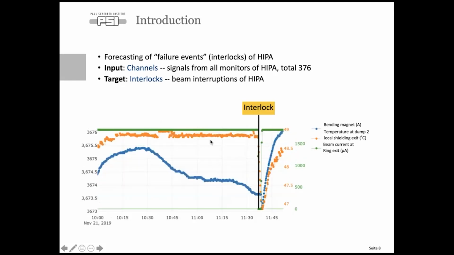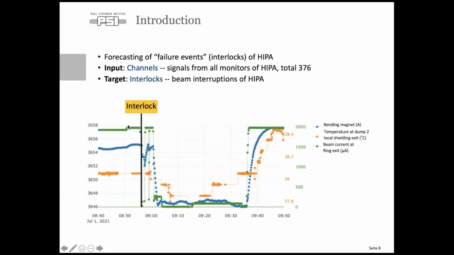And in the second case, the bending magnet current is actually decreasing before the interlock, while the other two are stable. And in the third case, all three are somehow stable. So there's definitely information that we can extract in those signals, in those channels before interlock. But we really need to dig deeper into finding the relations that are actually strictly related to the interlock.